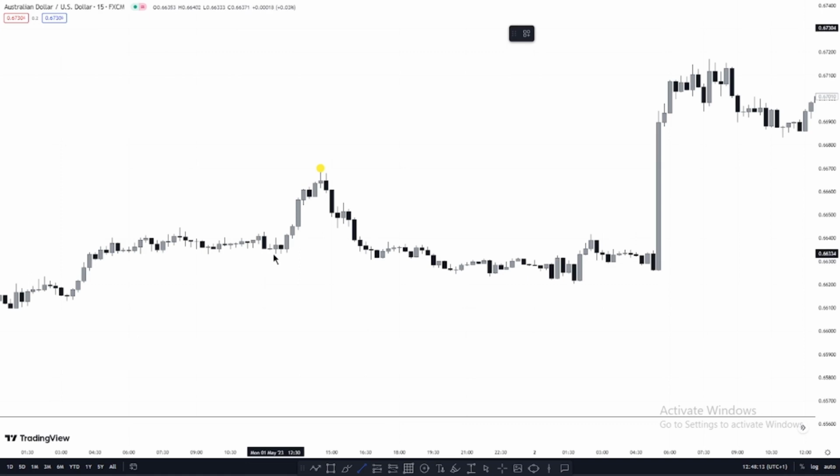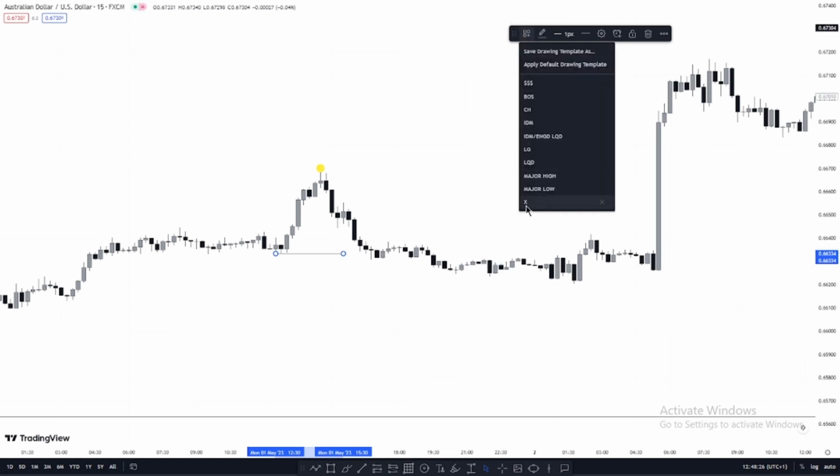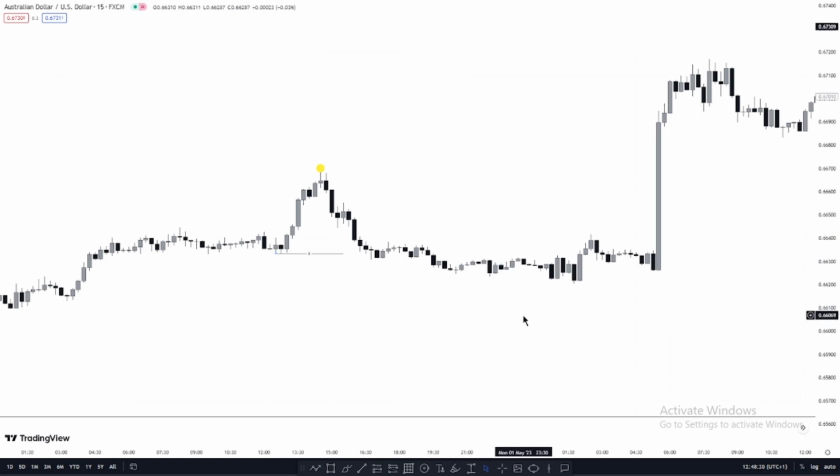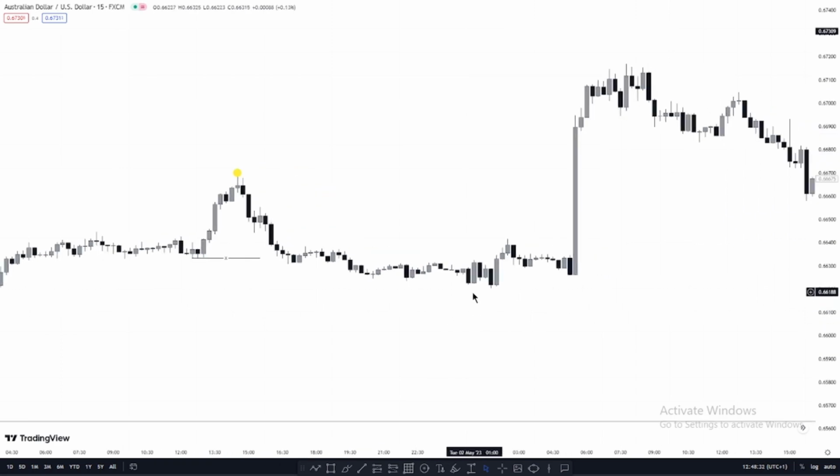Because look at it here. That's your first internal structure low. It took it out. It has taken out that first internal structure low, which is supposed to be your inducement, or your liquidity.